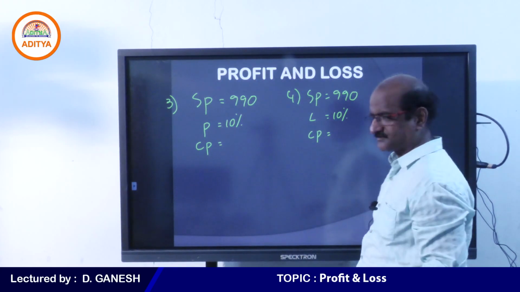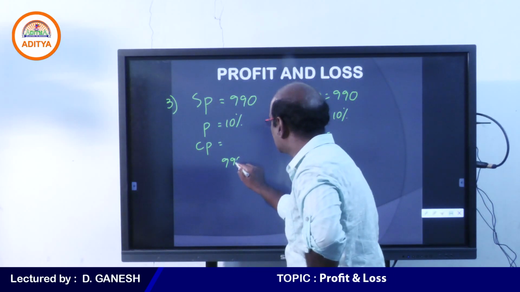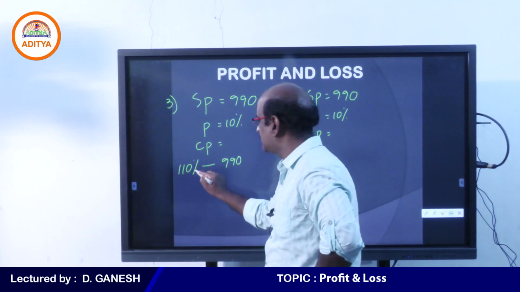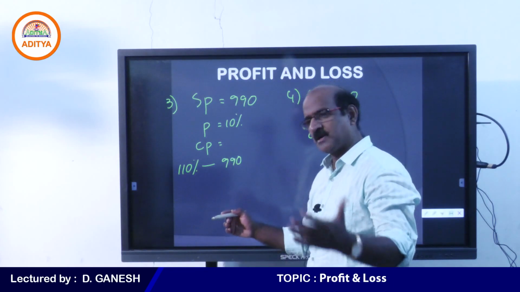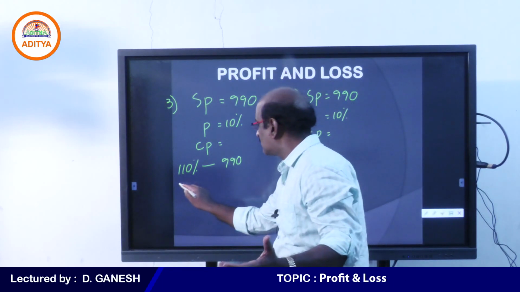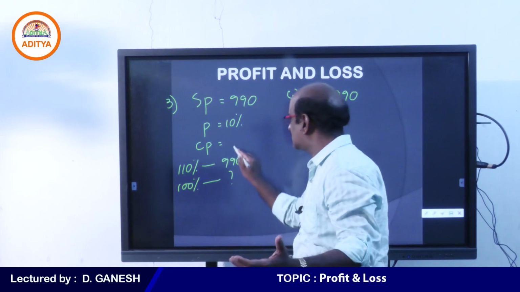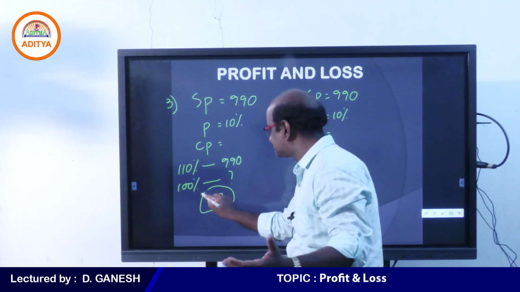In the first case, 990 should be equated to 110%, because by selling it he gets his amount back plus a profit of 10%. So the cost price of the article is 900 rupees.